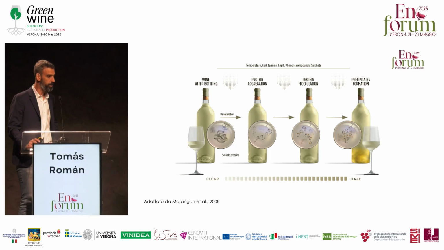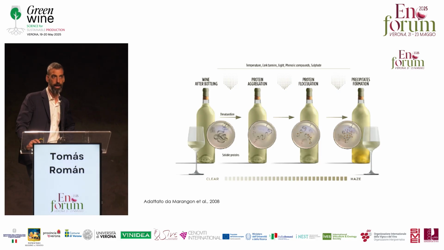Bentonite acts on the main factors of instability in a process that consists of several steps, the first of which is denaturation, or the one that is regarded as being such, the denaturation of proteins defined as being thermally unstable, and the mechanism goes through aggregation and flocculation.